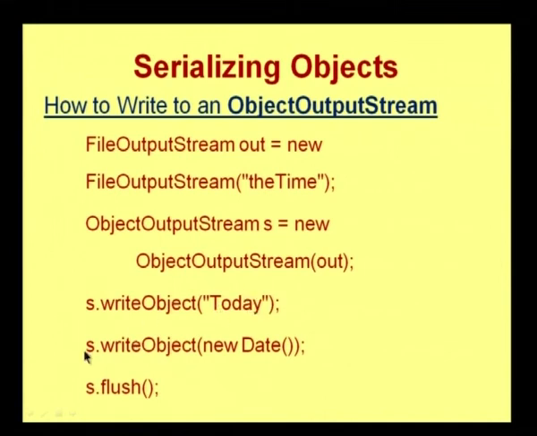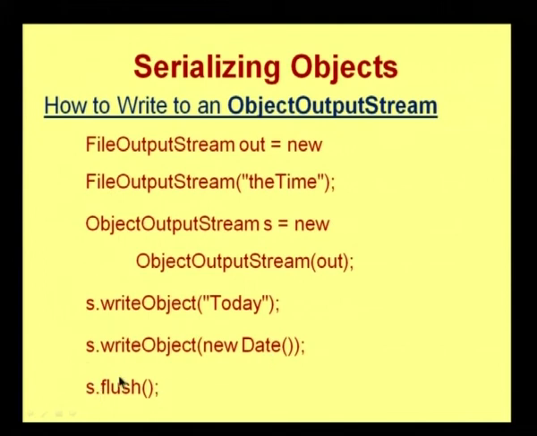Next we have s.writeObject(new Date). New is a keyword which is used in order to create an object. So I am creating an object of Date and then I am trying to write that into my stream, and the stream will again be written into the file. Then I am flushing the contents from the stream.